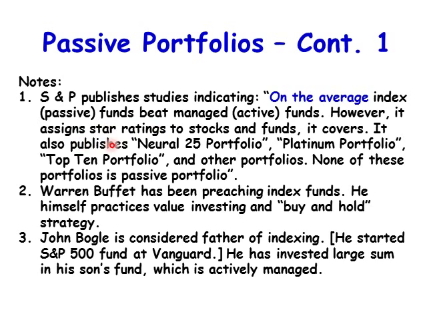It also publishes various lists: Neutral 25 portfolio, Platinum portfolio, Top 10 portfolio, and other portfolios. None of these portfolios is a passive portfolio. So on average, passive funds beat active funds, but none of the portfolios S&P publishes is a passive portfolio.